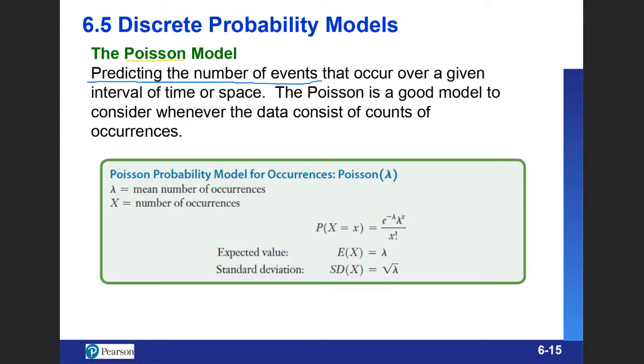So when X is 0, when X is 32, when X is 506, predicting that. The Poisson model is very specific. It only considers a given interval of time or space. So it's not just interested in predicting the number of events. It predicts the number of events in a specific interval of time or space.